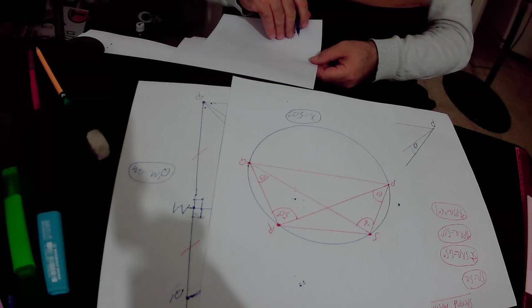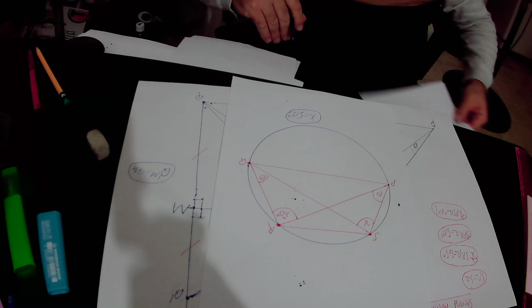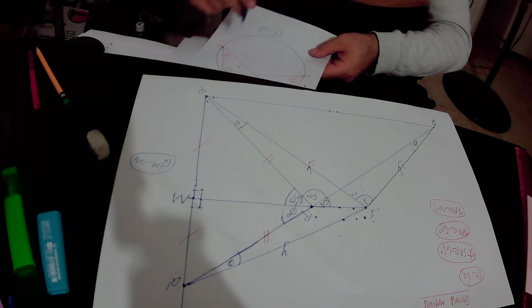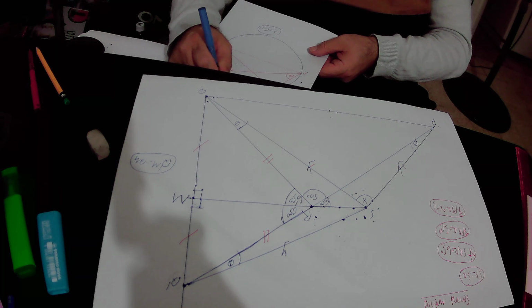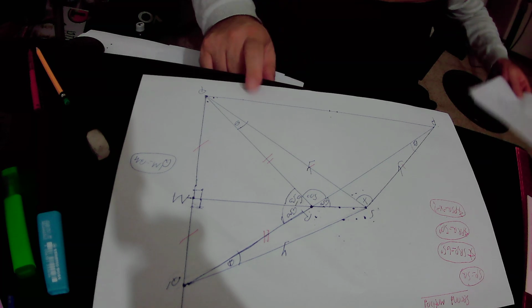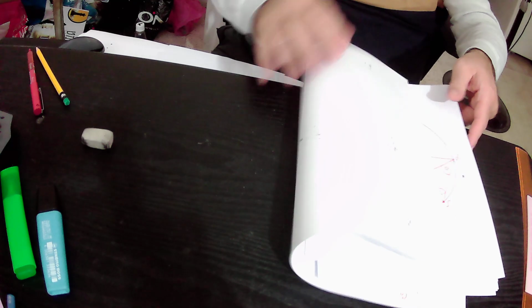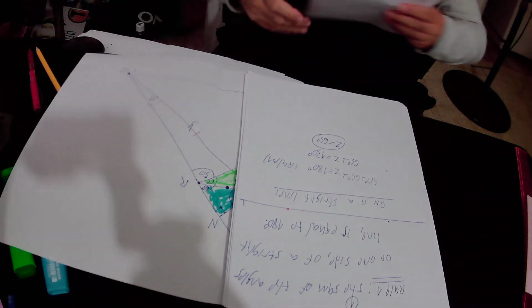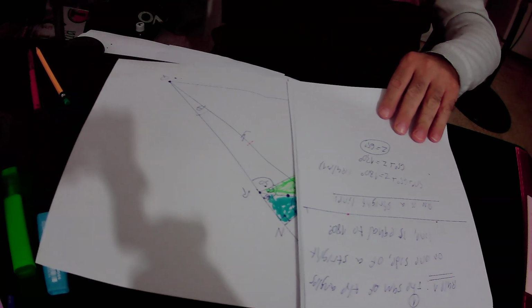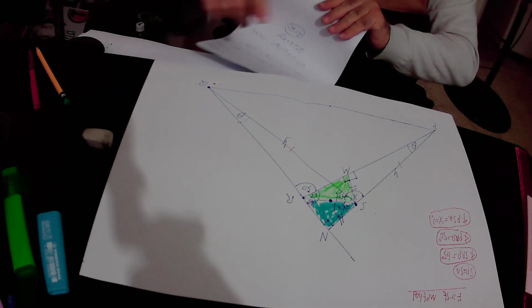So, in the next step, I'll summarize the lecture. In method 1, we did a construction in order to find out the size of angle X, this angle.